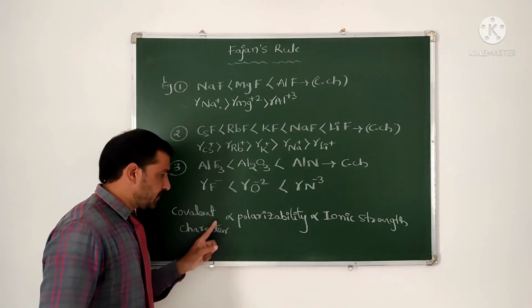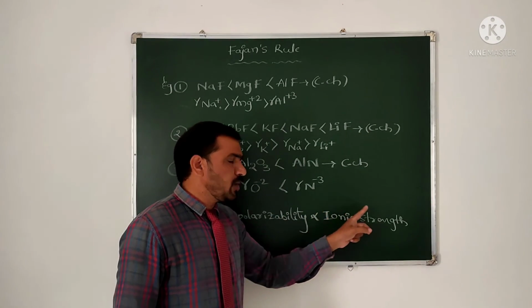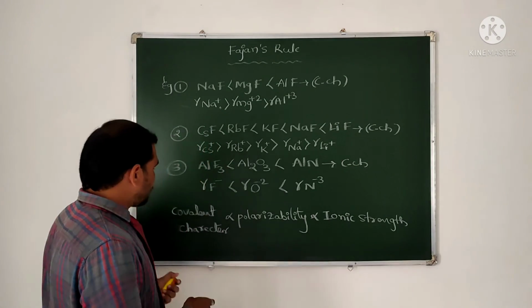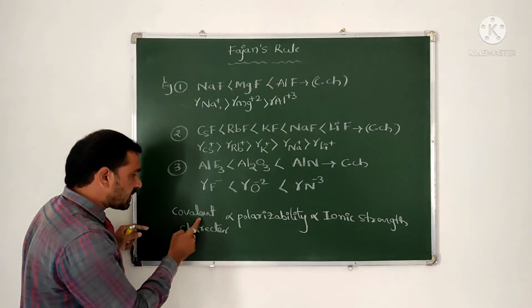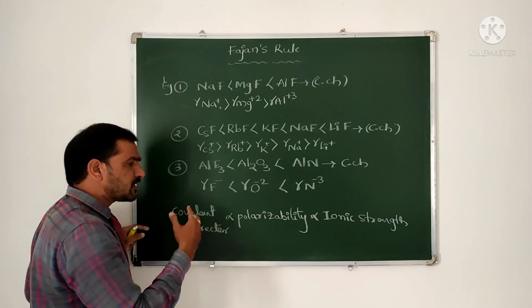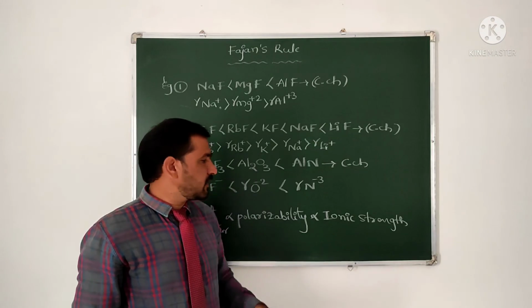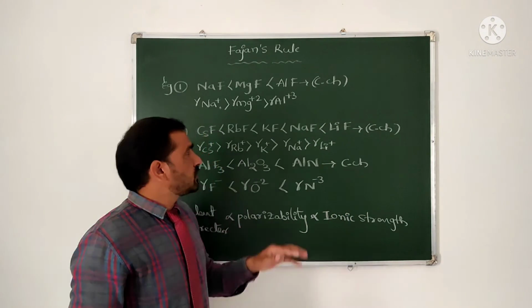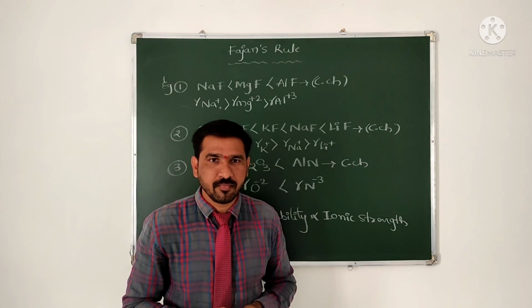So by these Fajan's rules we can get the covalent character. Based on that we can get the polarizability order and also the ionic strength. So this is about Fajan's rule, very important, beta.